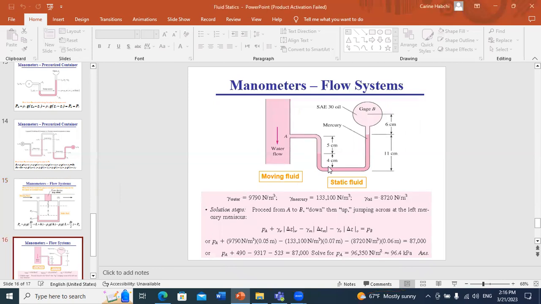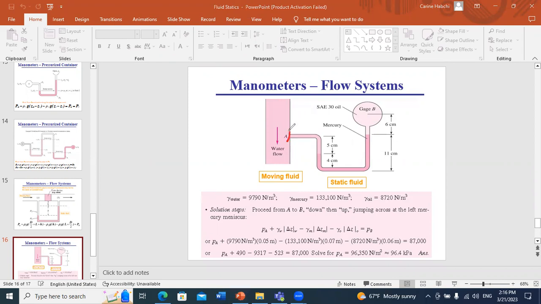Let us say also here, we want to measure the pressure at point B, for example. So we can relate the pressure at A to the pressure at B. In general, such devices are used to measure the pressure of the moving fluid, the static pressure of the moving fluid.